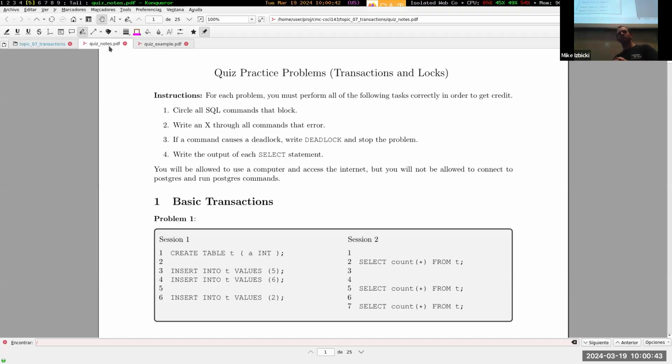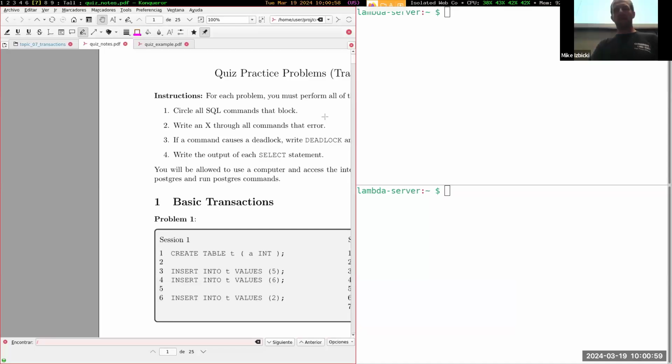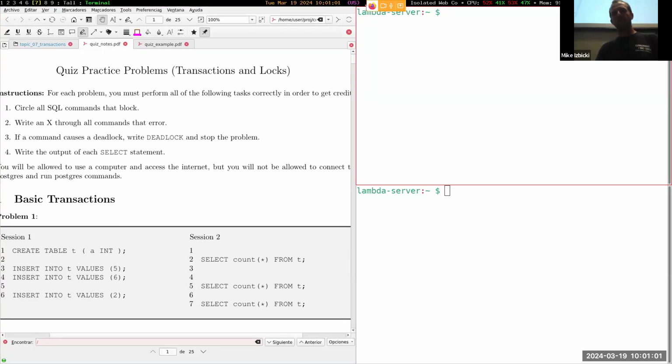Okay. I'm going to readjust my screen here so that we have some terminal windows that we're able to see at the same time as these practice problems. On the right-hand side, I have two terminal windows open, both connected to the Lambda server.